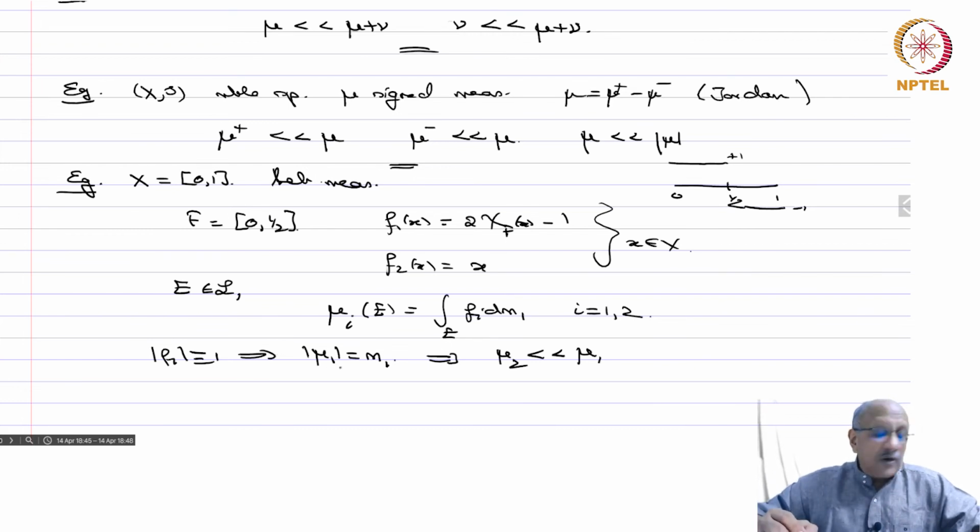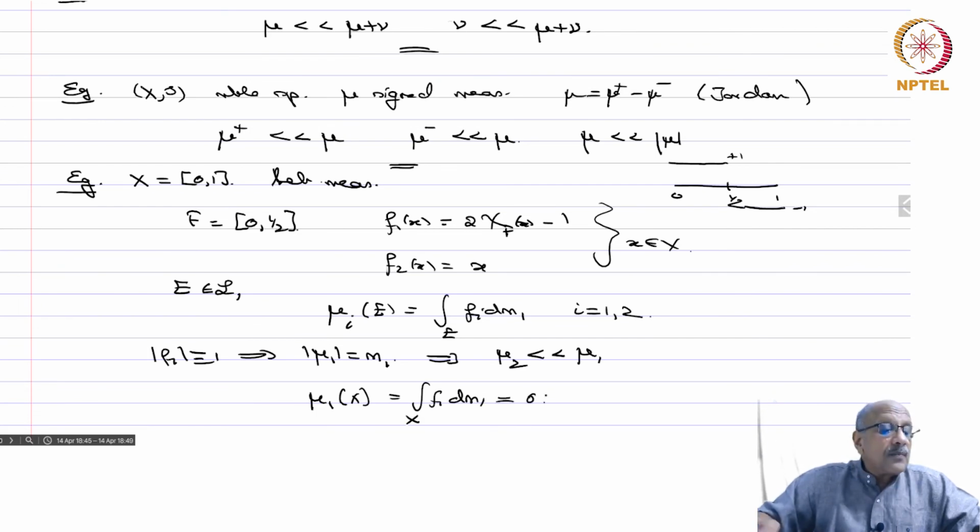But mu1 of X is integral f1 dm1, and that is 0, and mu2 of X equals integral 0 to 1 x dx, because it's a continuous function, and that's equal to 1/2, which is not equal to 0.